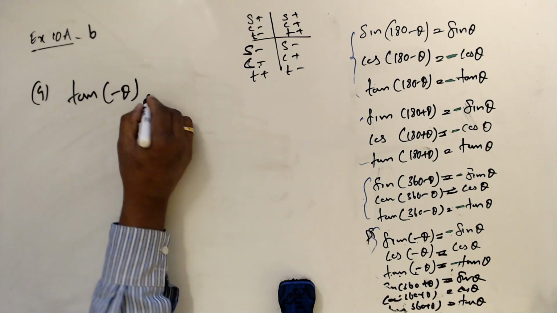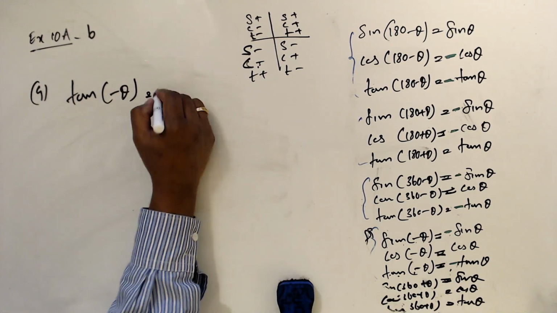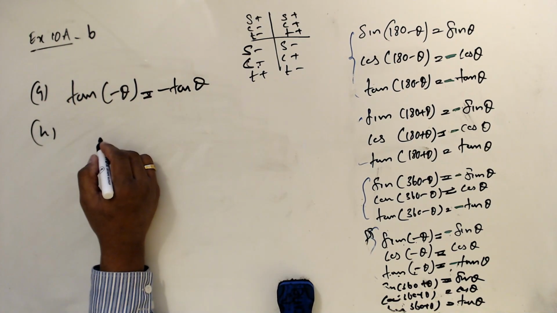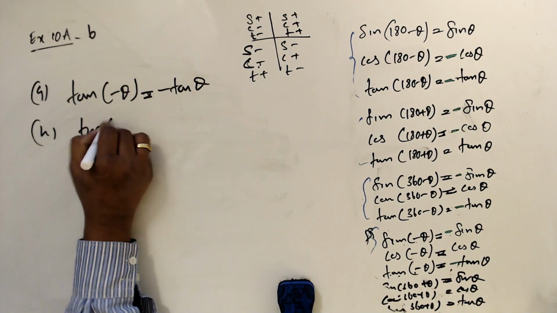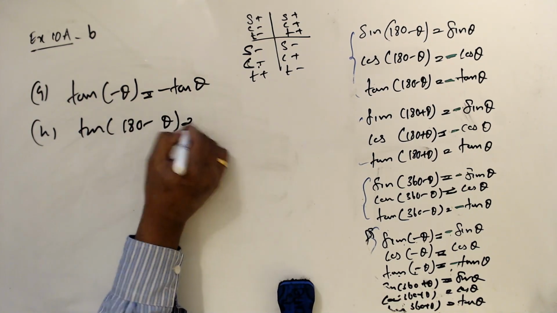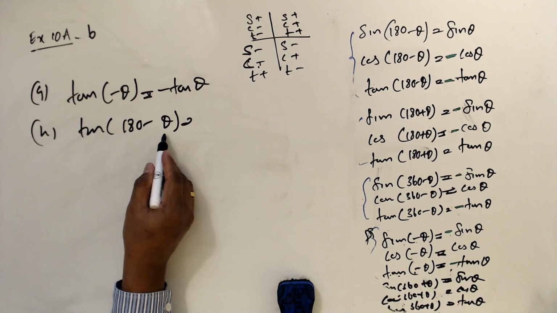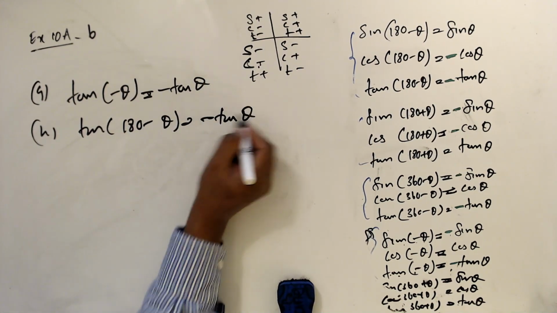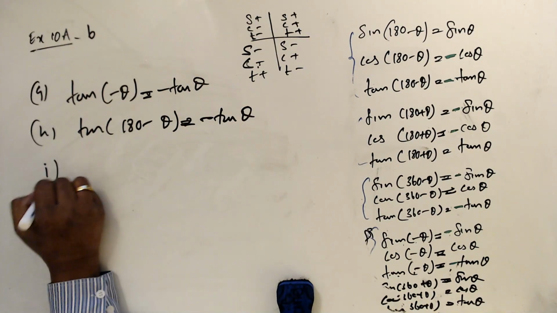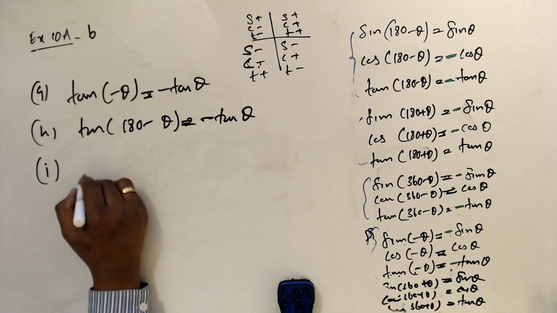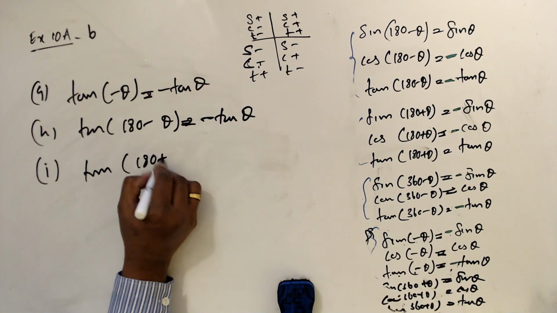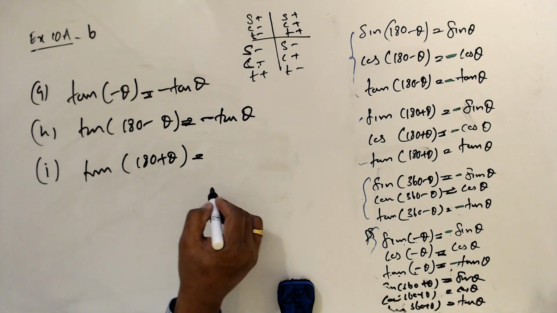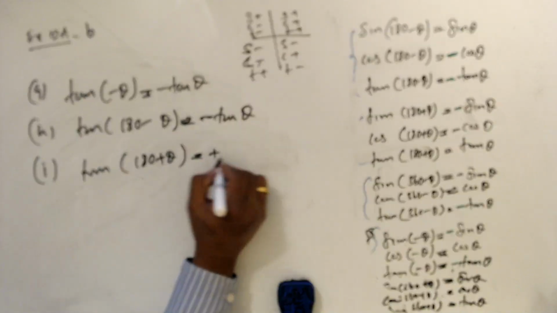Tan minus theta. Simply you can write minus tan theta. Tan 180 minus theta. Which quadrant is 180 minus? Second quadrant. Second quadrant tan is negative. Negative tan theta. Tan 180 plus theta. 180 plus theta is in which quadrant? Third quadrant. Third quadrant tan is positive.